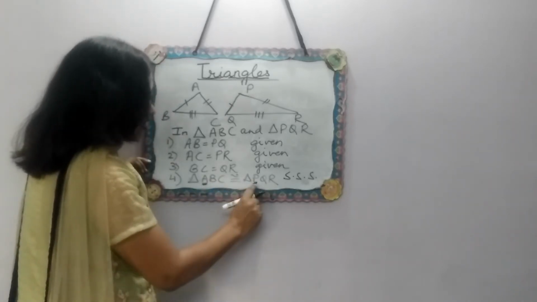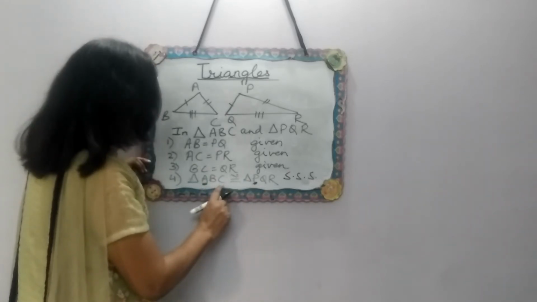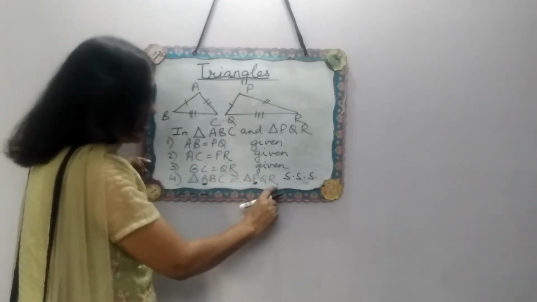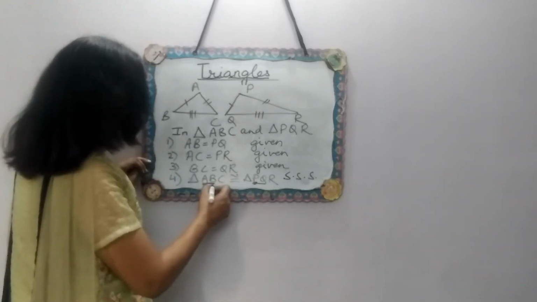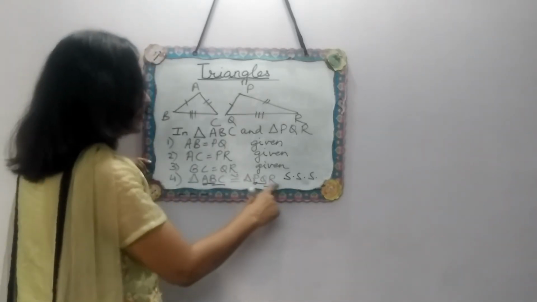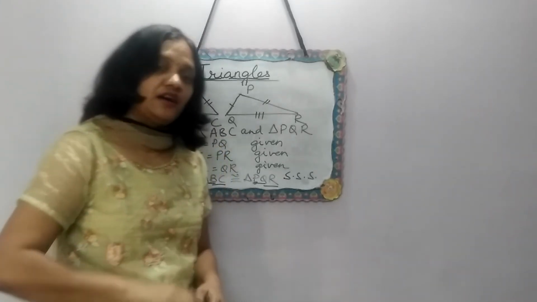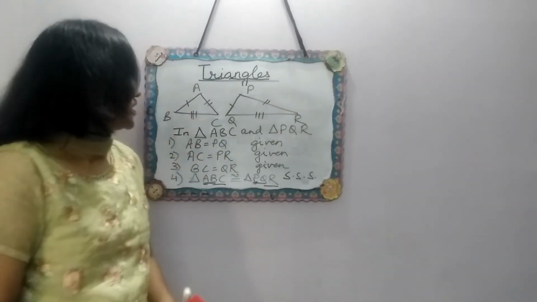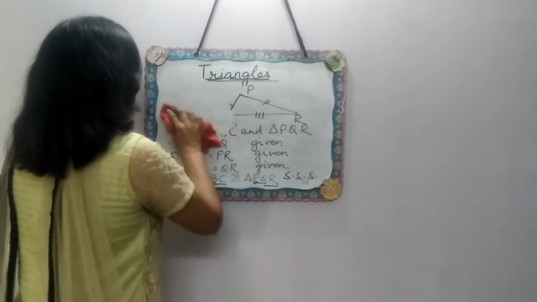So vertex corresponding to A is P, vertex corresponding to B is Q, and vertex corresponding to C is R. So you can see that AB and PQ are equal, BC and QR are equal, and AC and PR are equal. So we have learned how to prove that two triangles are congruent by SSS property.